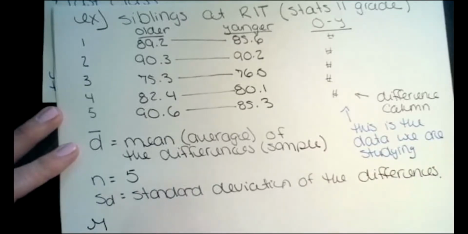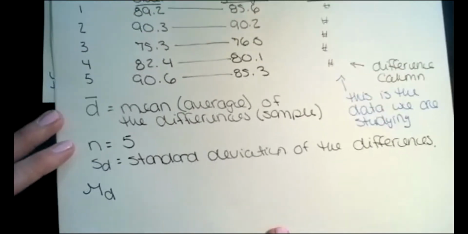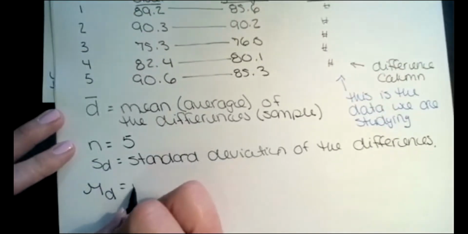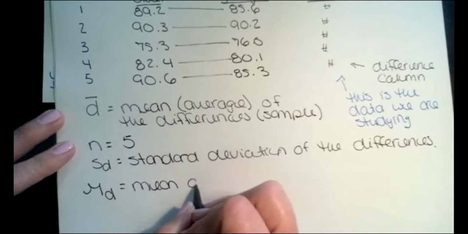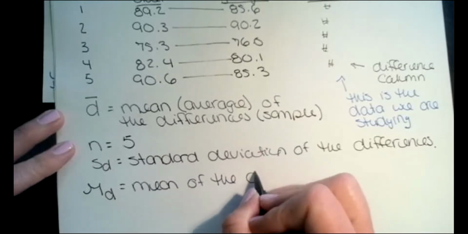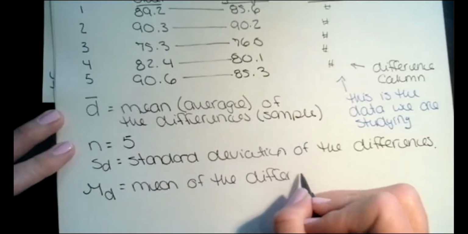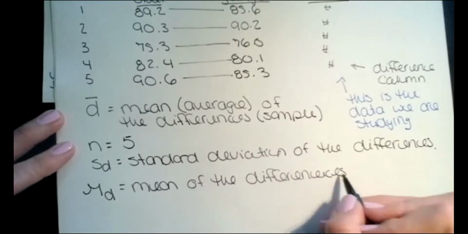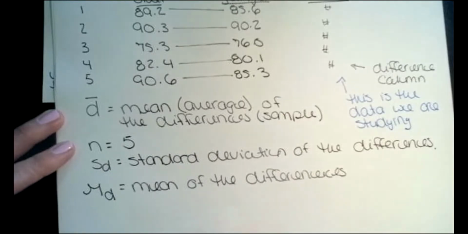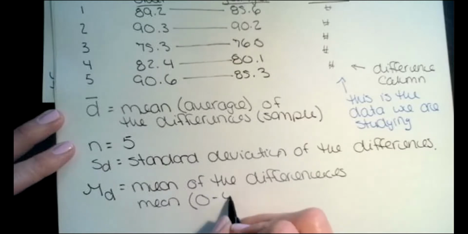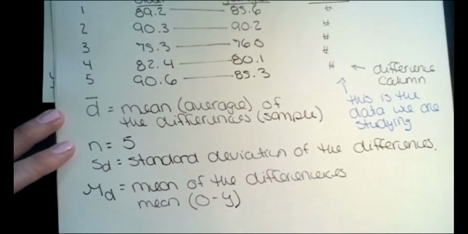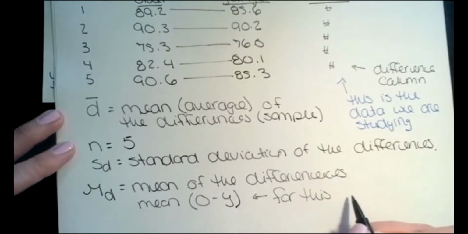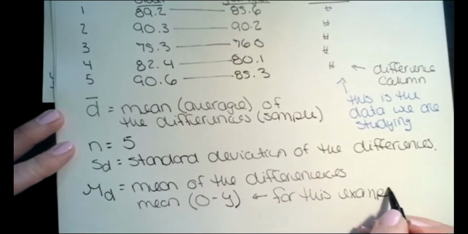And then we have mu D. Mu D is the mean of the differences. So for this example, it's going to be the mean of the oldest minus the youngest. Okay. These are the values we're going to be looking at.